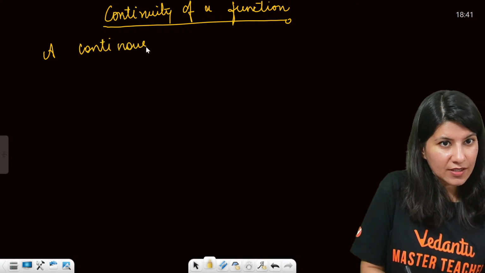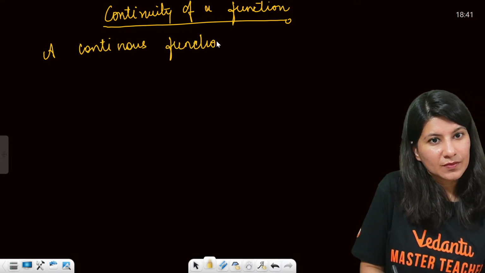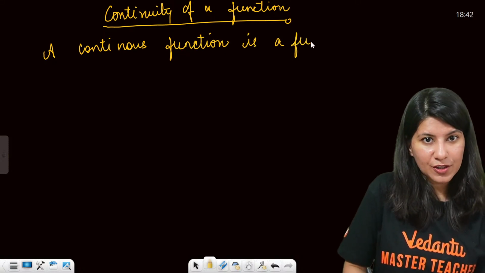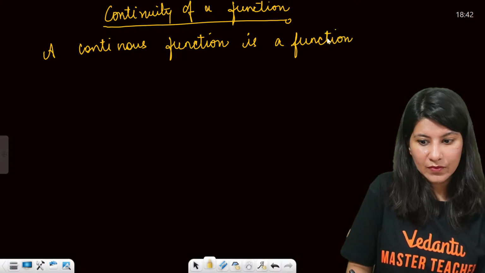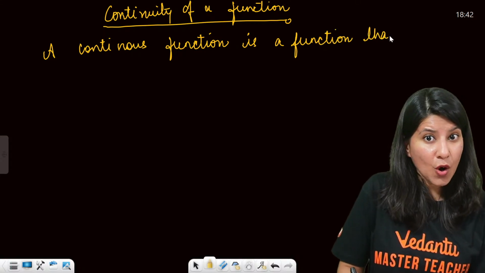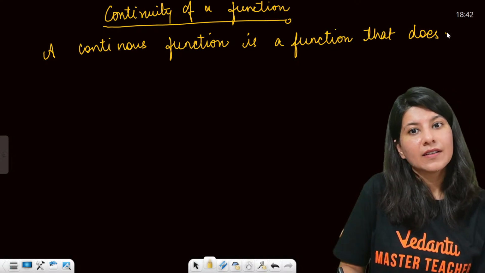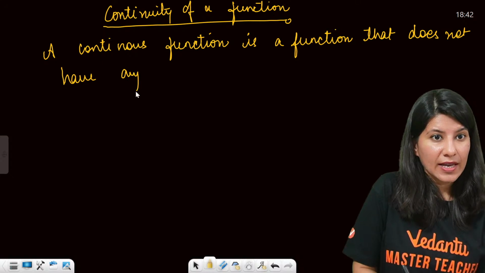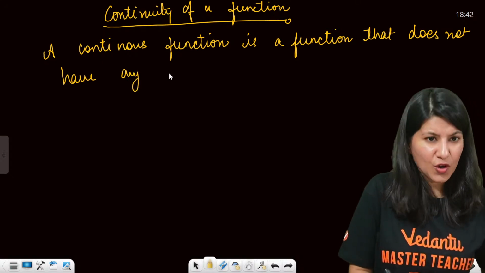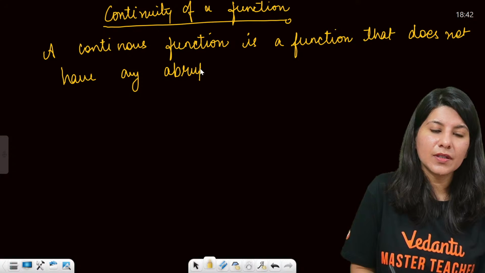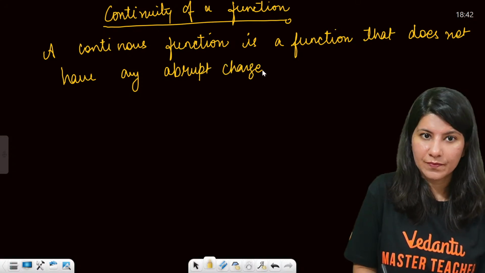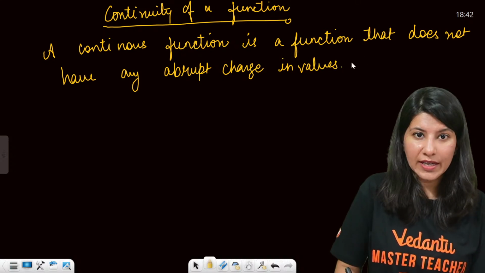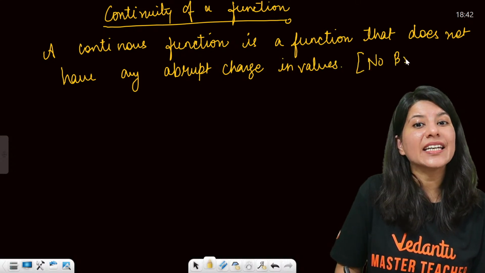A continuous function is a function that does not have any abrupt change in value. That means no break in its graph.